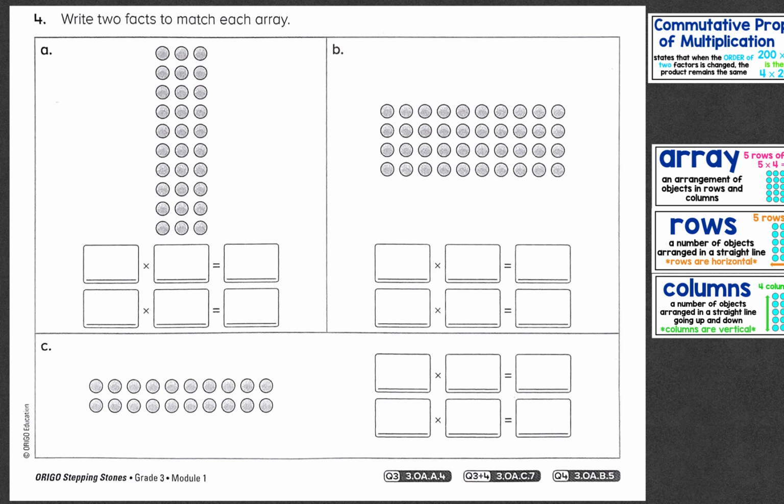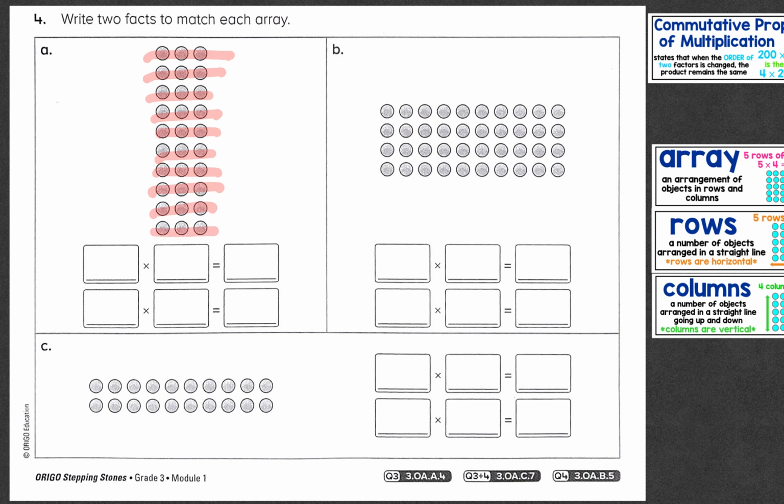So I'm going to first count my rows. And a great way to do this so that you don't lose count is either circle the rows, or I'm going to actually use my highlighter tool to highlight the rows as I count them. So 1, 2, 3, 4, 5, 6, 7, 8, 9, 10. So I have 10 rows.